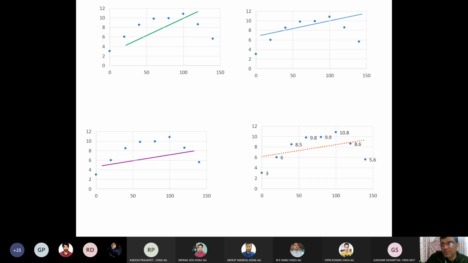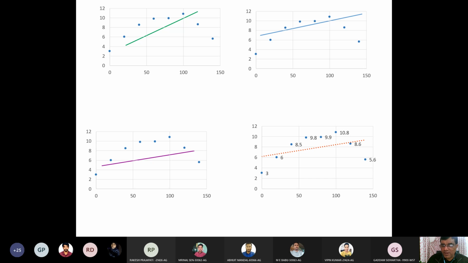So what should we do? We should square these values. We should square the difference from the line. If we square these values, all values will become positive, because values which are lying below the line will give you negative, and the values which are above the line will give you positive.